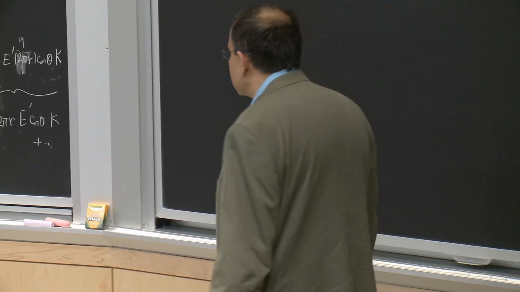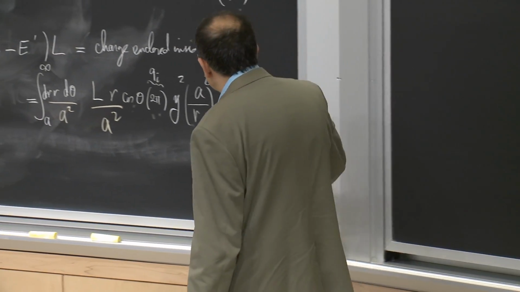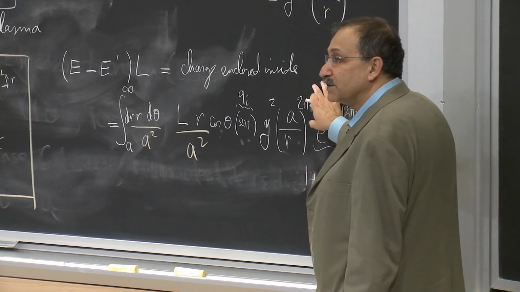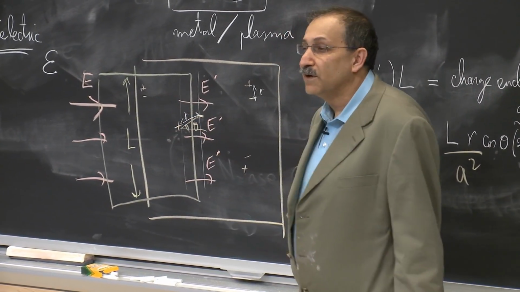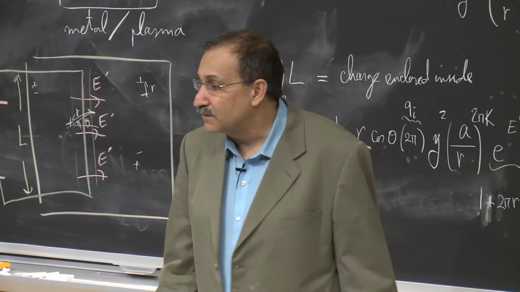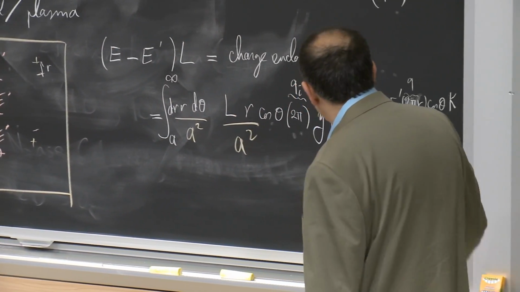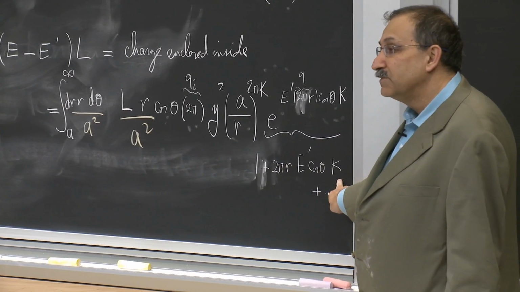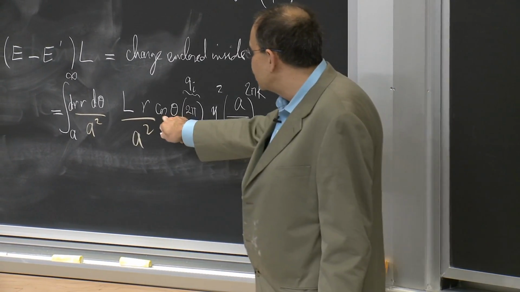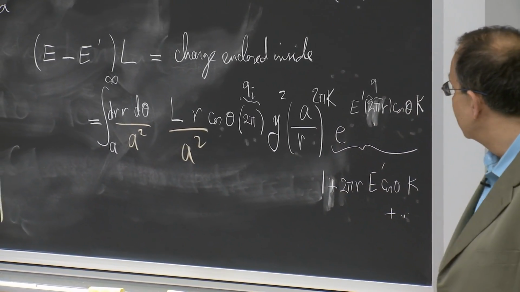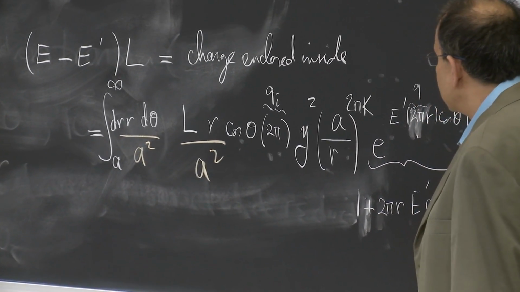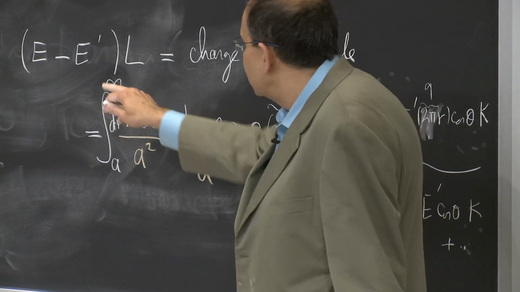Integral of cosine of theta gives you 0. Essentially, it says that if there was no electric field, there was no reason for there to be an additional net charge on one side or the other. So the first term that will be non-zero is the average of cosine theta squared, which will give you a factor of 1/2.